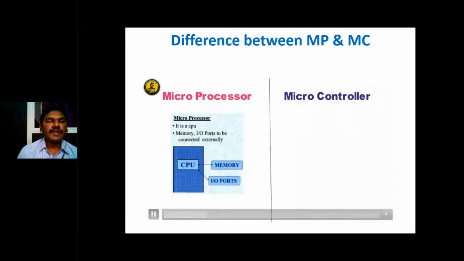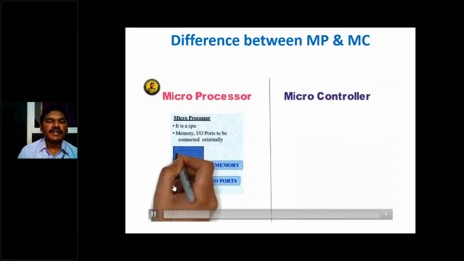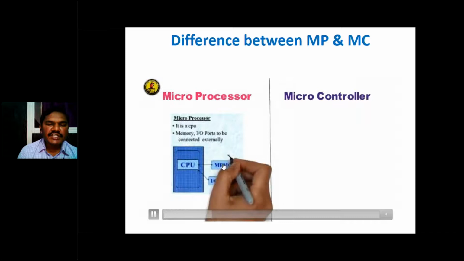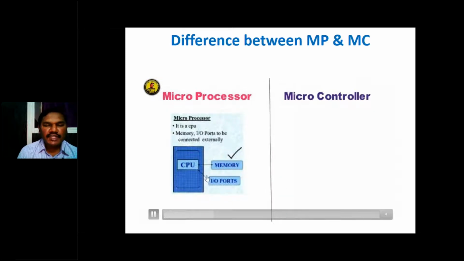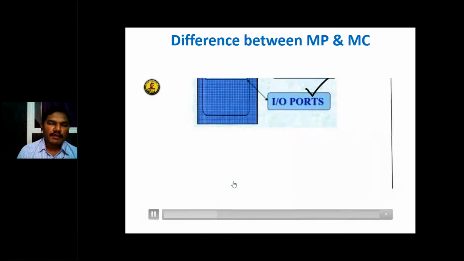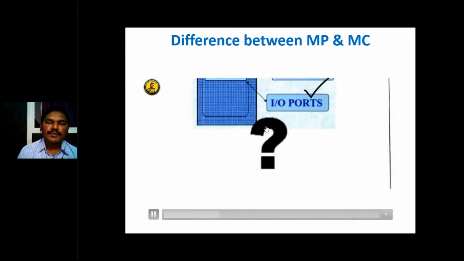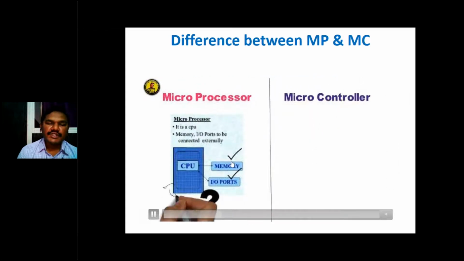See, this is the microprocessor we are using in our computer. This CPU has external memory, and this CPU has I/O ports externally. It means the CPU controls input output devices and memory which are allocated externally.